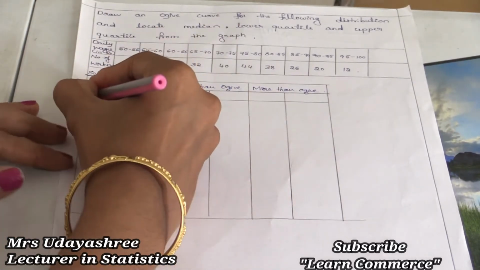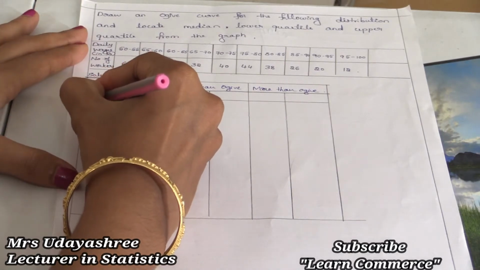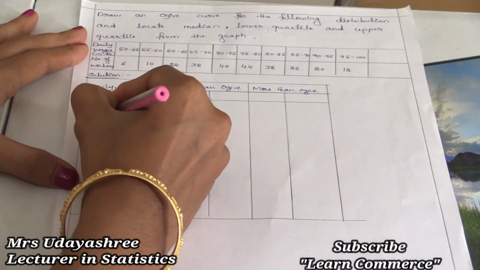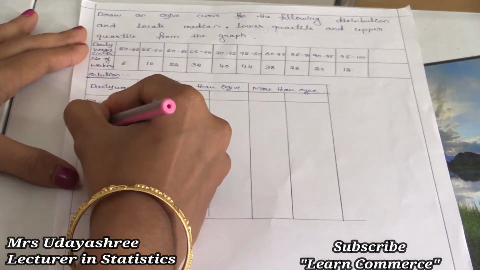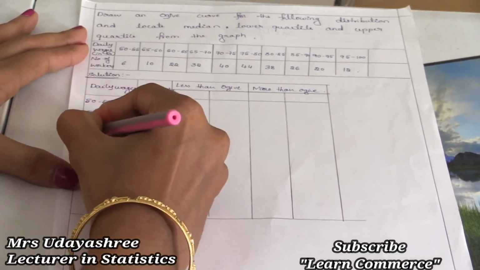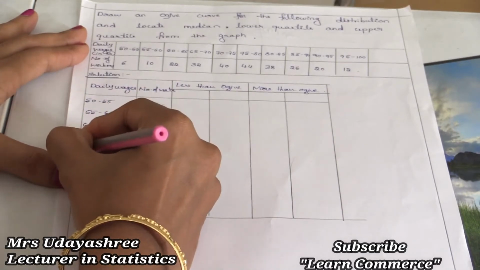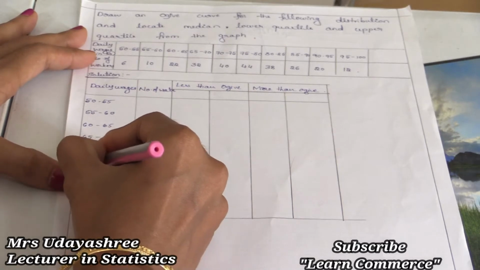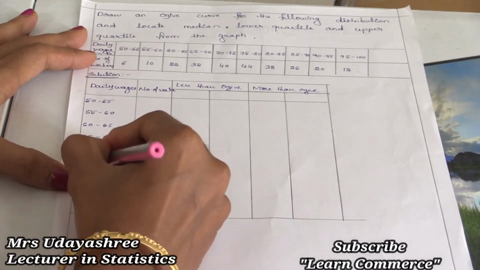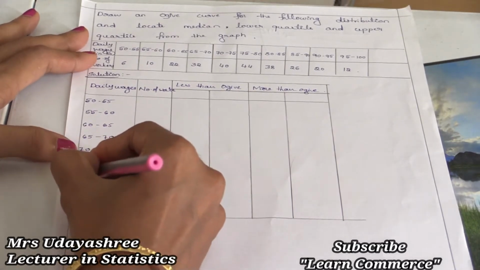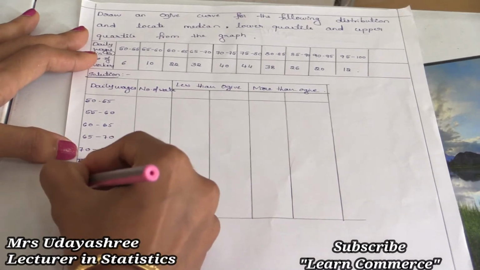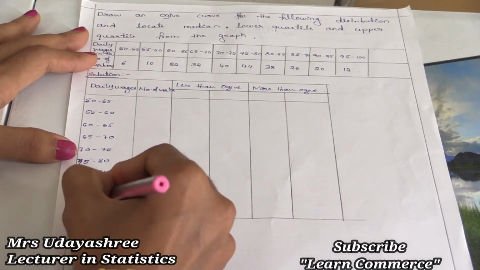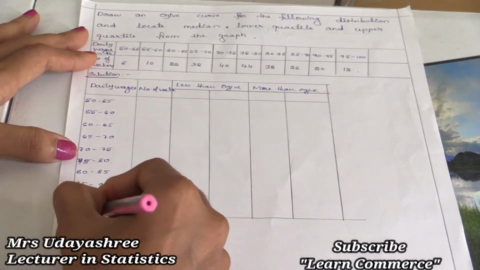So daily wages are 50 to 55, 55 to 60, 60 to 65, 65 to 70, 70 to 75, 75 to 80, 80 to 85, 85 to 90, 90 to 95 and the last one is 95 to 100.